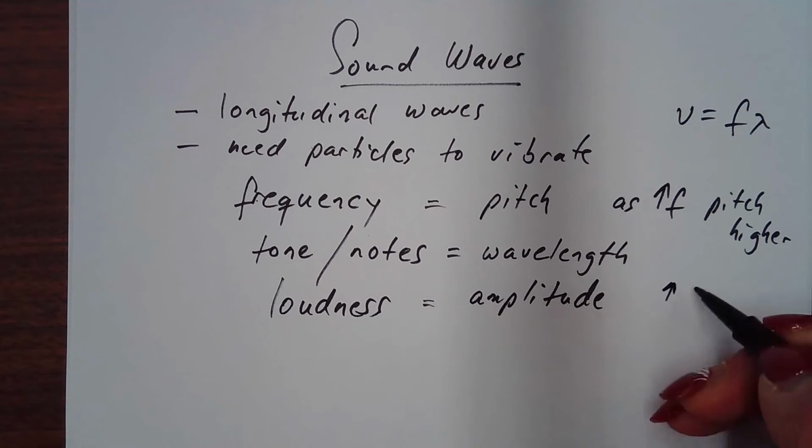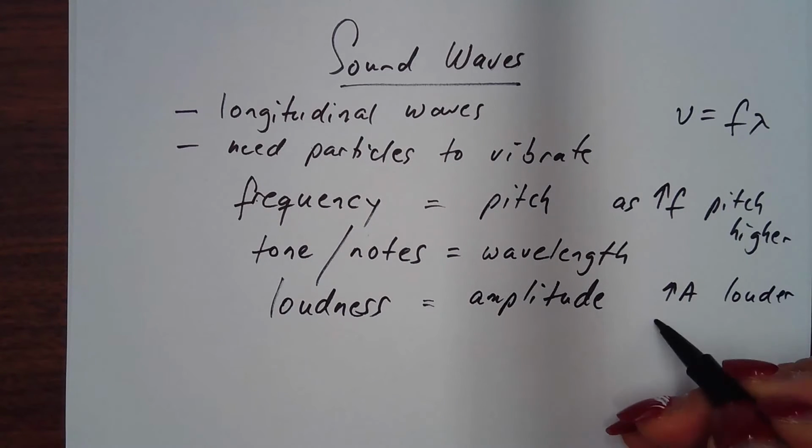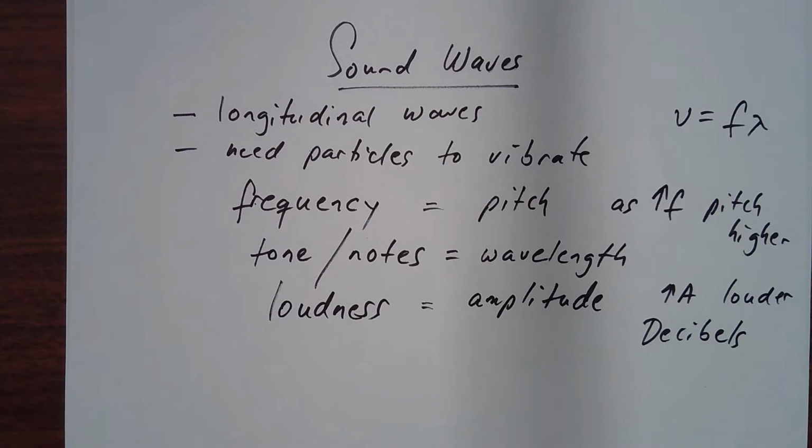So an increase in amplitude, an increase in loudness, right? It will be louder. So this is measured in decibels. Okay, so if you're looking at measuring the loudness of a regular conversation, that would be measured in decibels. Okay, so that's the loudness.